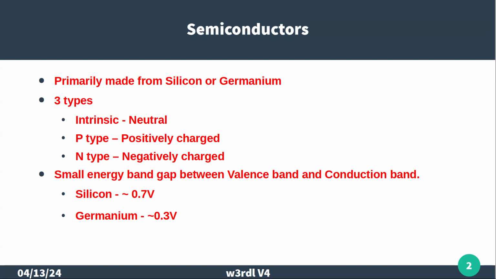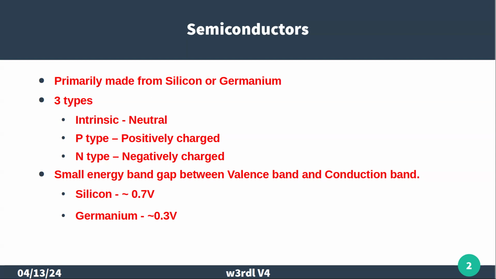Because in the semiconductor, there's no overlap in those valence and conduction energy bands. They're actually separated. So it takes some amount of energy to free that electron and get it up into the conduction band.